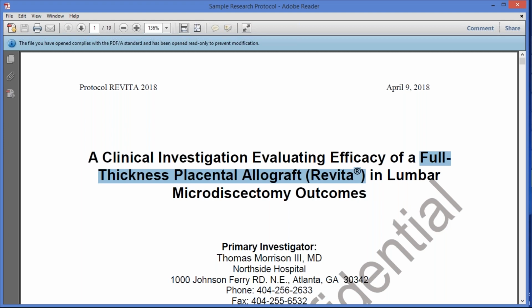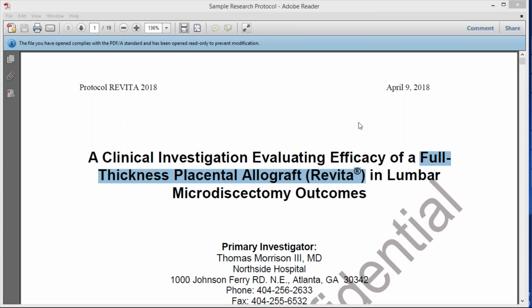Let's say I'm taking the drug Ramistor. Ramistor is a registered name, but it's a drug. Similarly, Revita is a registered name. Full thickness placental allograft is the product. Sorry to cut you off, but in the market, will this be known as Revita or allograft?